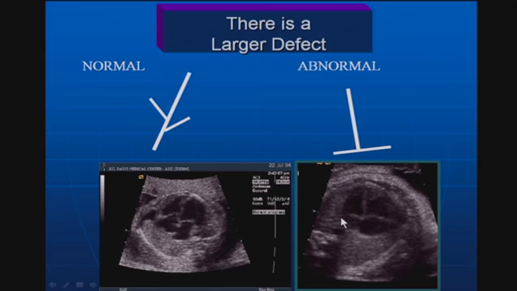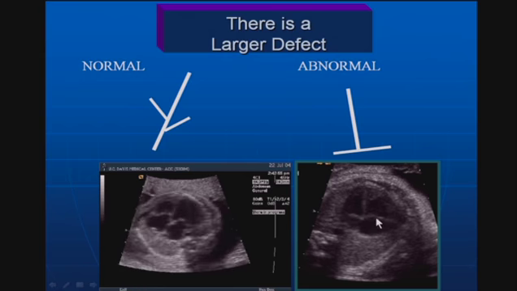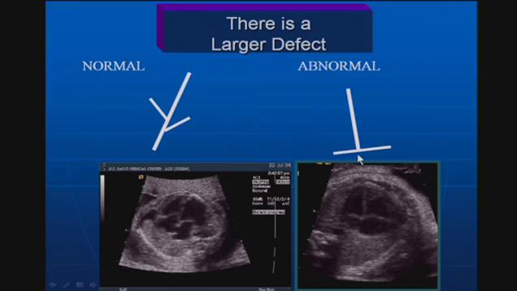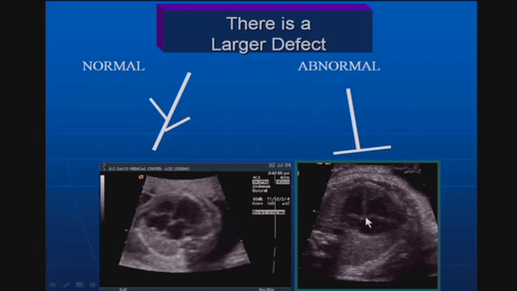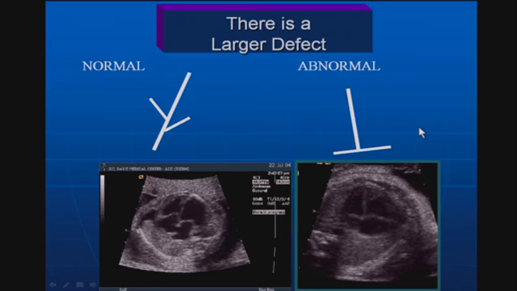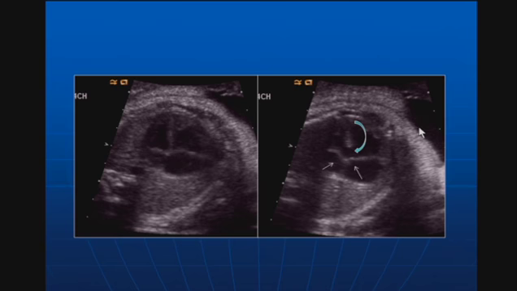On this case over here, you can see the tricuspid and mitral valve are inserted at approximately the same level. They almost make a T, but you would almost pass this case. You would say, yep, that looks pretty normal to me. But in fact, when you look at it between systole and diastole, you see there's a very large defect here that you would miss if you had a single view static image of the heart.